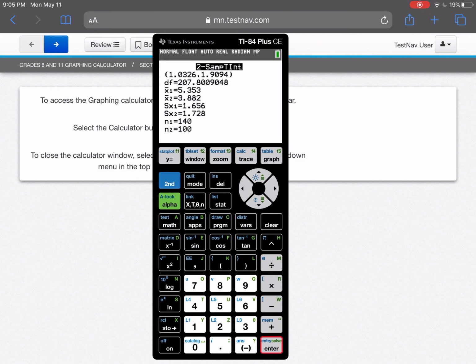The DF calculation is much different, so it was 207.8, so they use a big formula in the calculator to get this more accurate degree of freedom estimation. But you notice that just by me using 99 didn't really change my answer that much. So that's the 2-SampTInt calculator function.